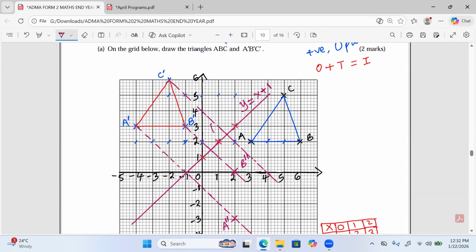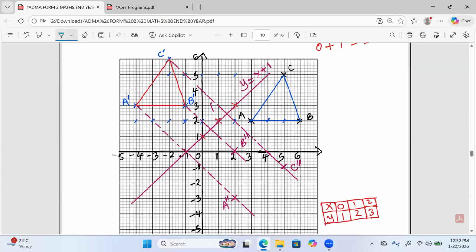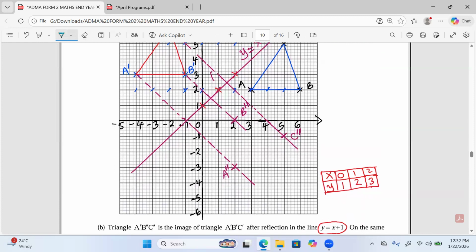I think I should extend the line. So this now is our C double prime. We connect all the vertices, A to B, then to C, and again to coordinate B.